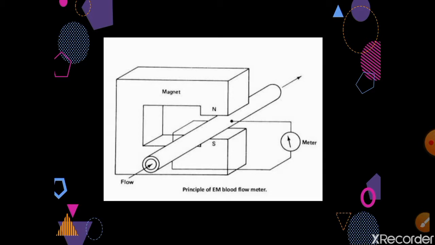When the blood flows through the blood vessel, an electric current is generated. This current is then picked up by the electrodes and can be quantified using any appropriate voltmeter or electronic recording apparatus. The electric current generated is directly proportional to the rate of blood flow.